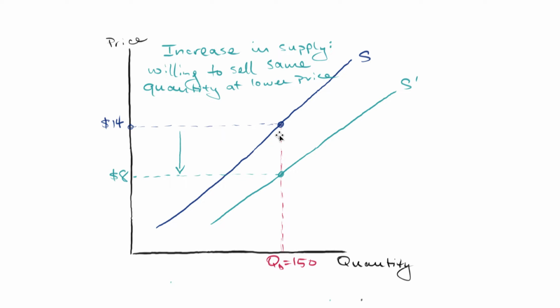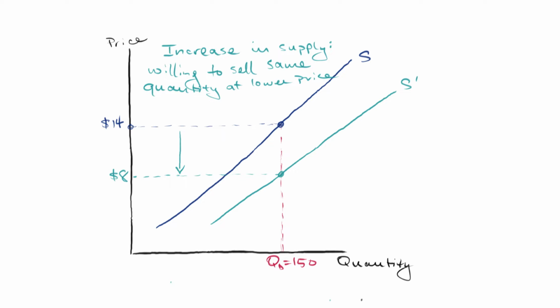But after an increase in supply, this producer is willing to sell 150 widgets at a price of $8. Okay? So, when we talk about increasing supply, that means that something changes the supply curve to the right or down.